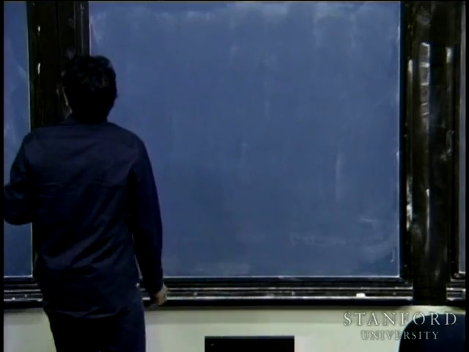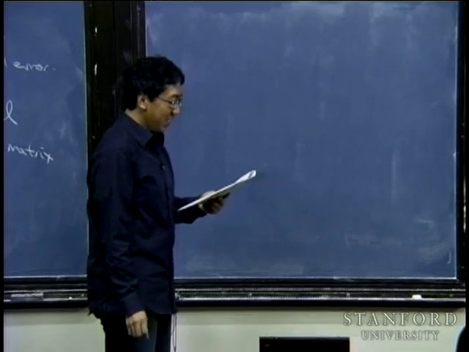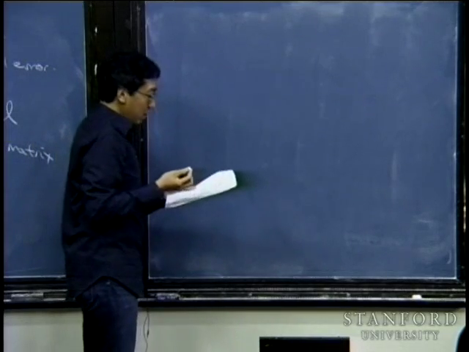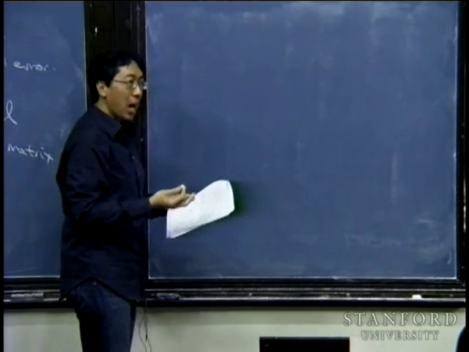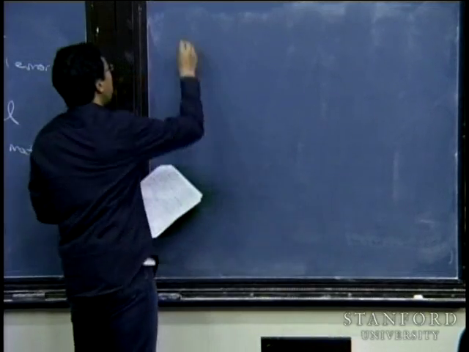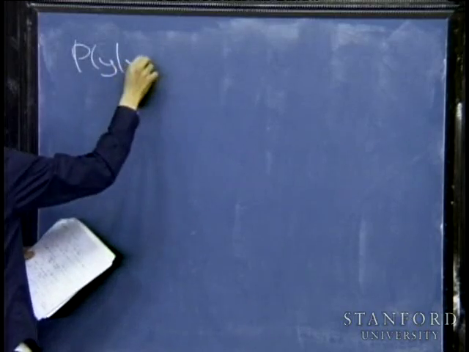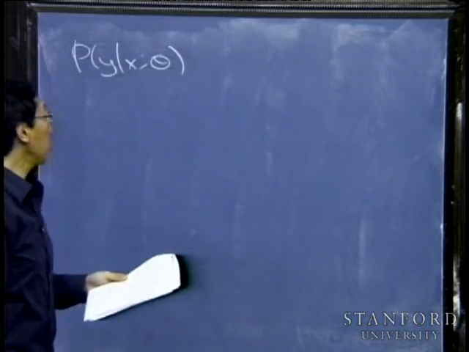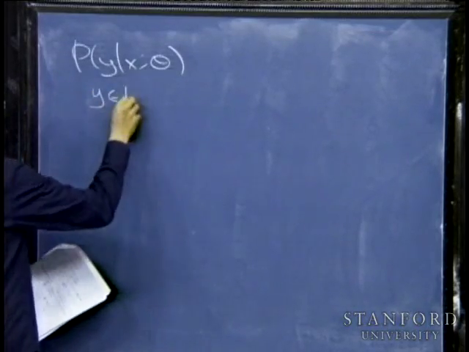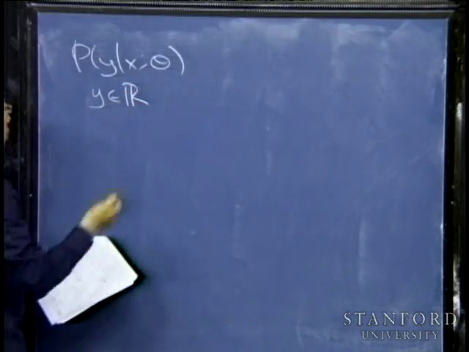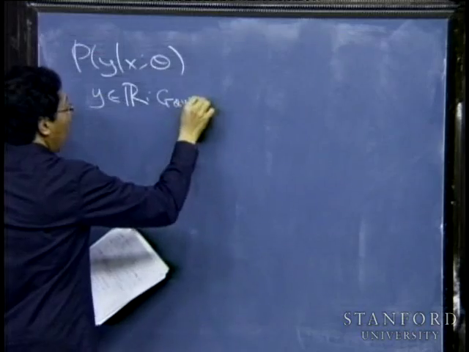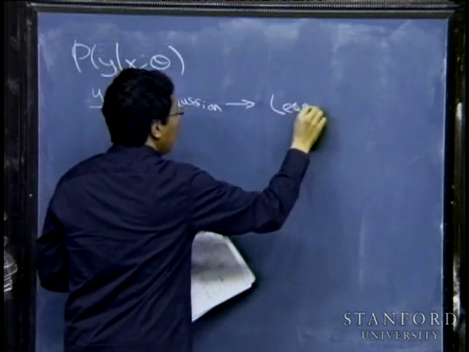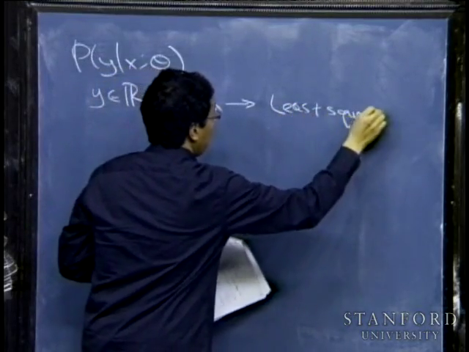All right. Let's talk about generalized linear models. And let me just give a recap of both of the algorithms we talked about so far. We talked about two different algorithms for modeling P of y given x, parameterized by theta. In one of them, y was a real number, and we saw that if we assume it has a Gaussian distribution, then we got ordinary least squares, linear regression.